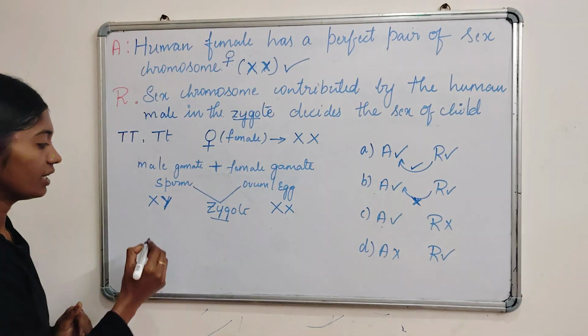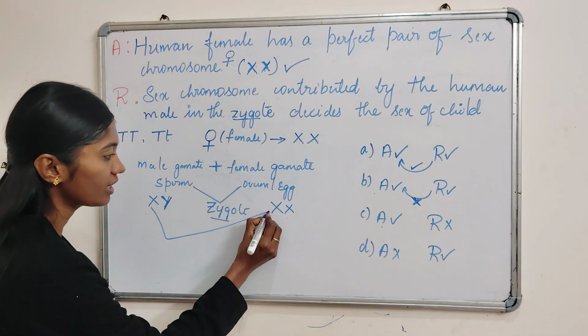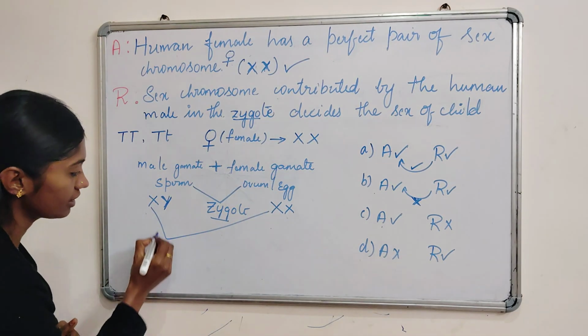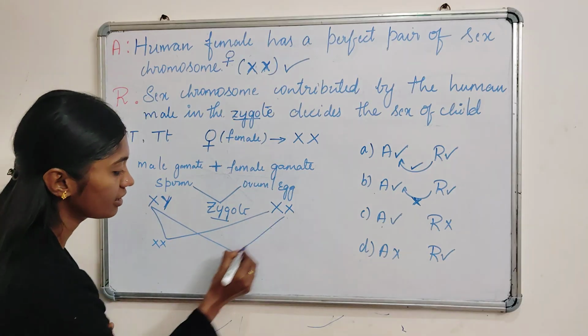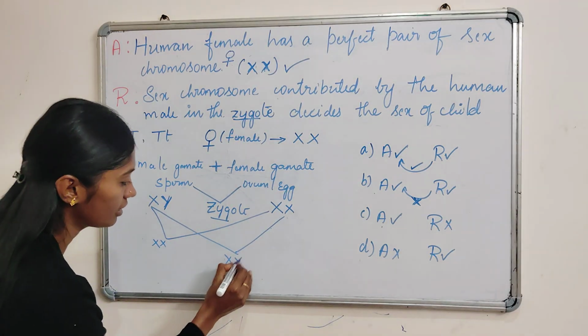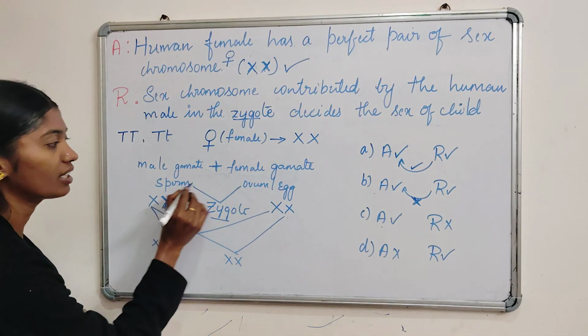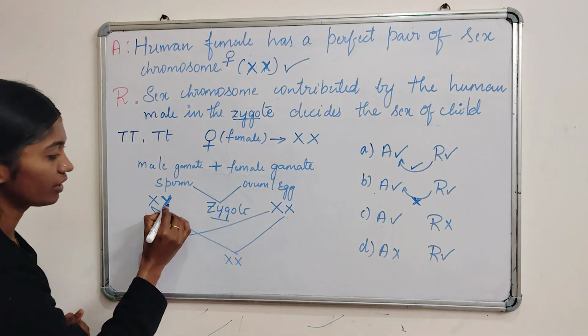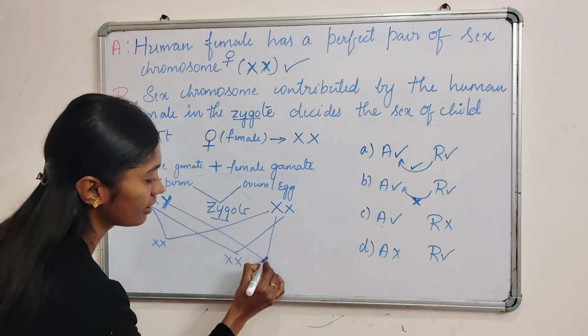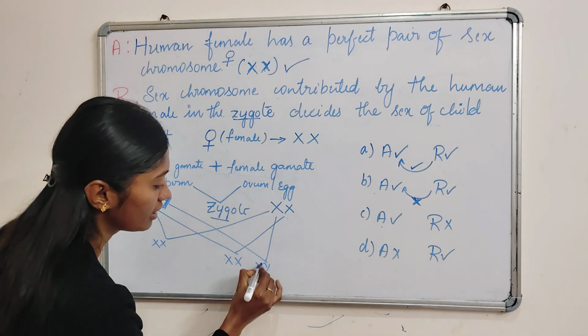So what are the possibilities? It can combine with this X to get XX. This combines with this X to get again XX. But the Y is there, and the possibility is there that the Y can come during the formation of the zygote. Y and X, this is XY, that is the male.